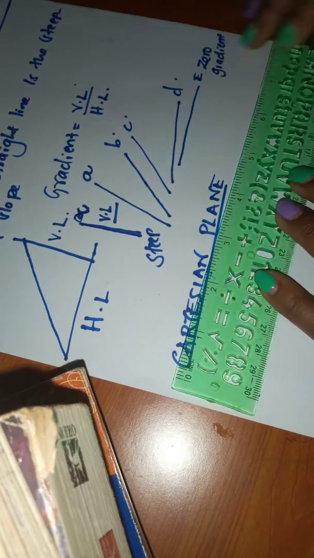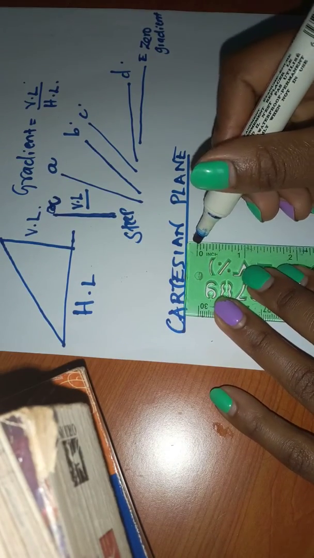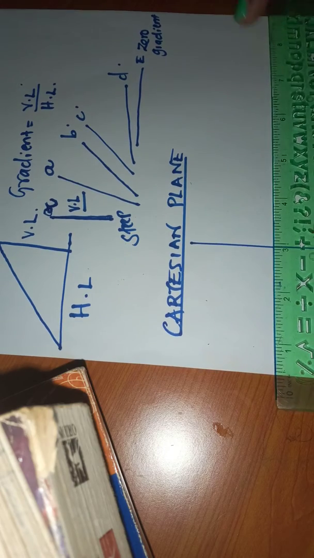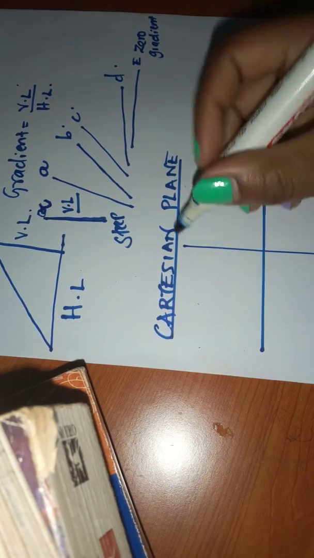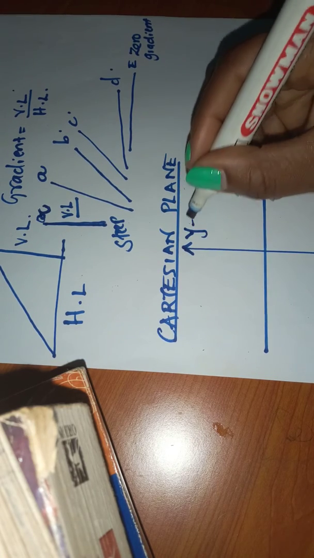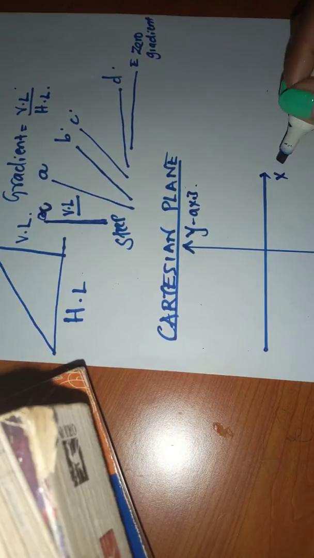You looked at the Cartesian plane, and this is what you had. You had one vertical line and another horizontal line, and this was your y-axis, and this is definitely your x-axis.